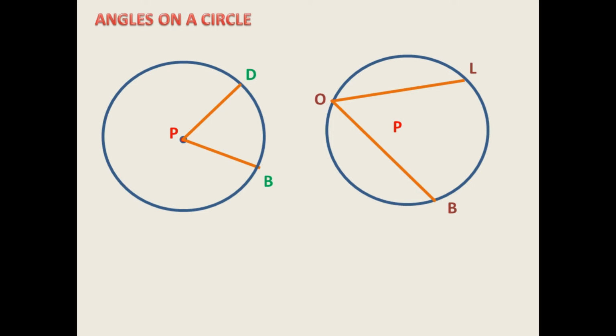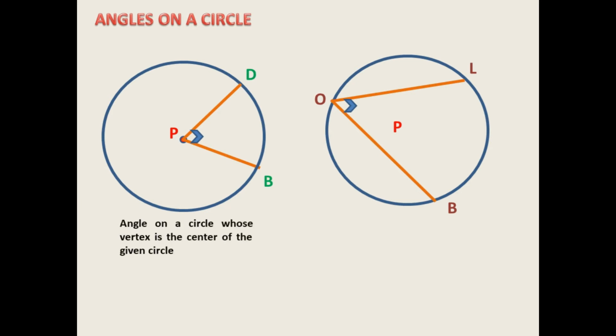By the way, in an angle, the point of intersection of the two legs of an angle is called the vertex. So what do you think is the difference of the two angles? If you notice, the vertex of the first angle, angle DPB, is at the center of the circle, while angle LOB, the vertex is on the circle. So what is the difference of this?